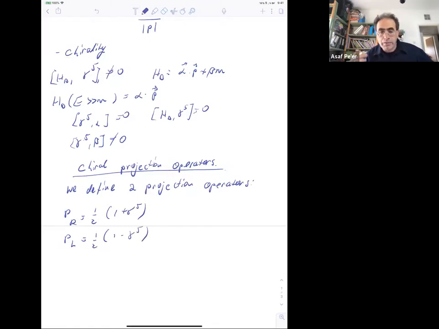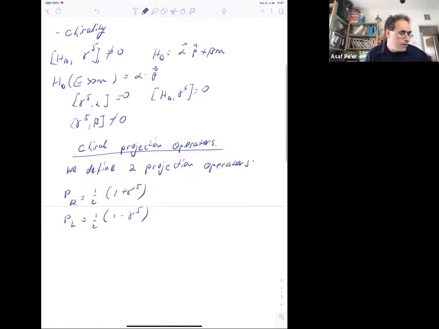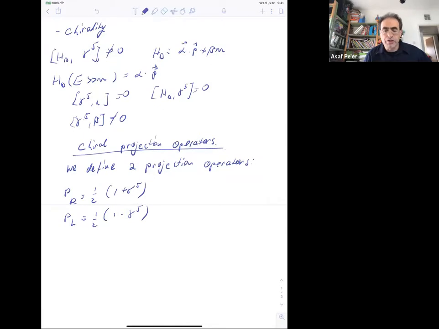And then we wrote down the properties of the gamma 5 matrices last time, right? So it's pretty much straightforward to show that these two operators, P_R and P_L, satisfy everything that you'd imagine from a projection operator, right?